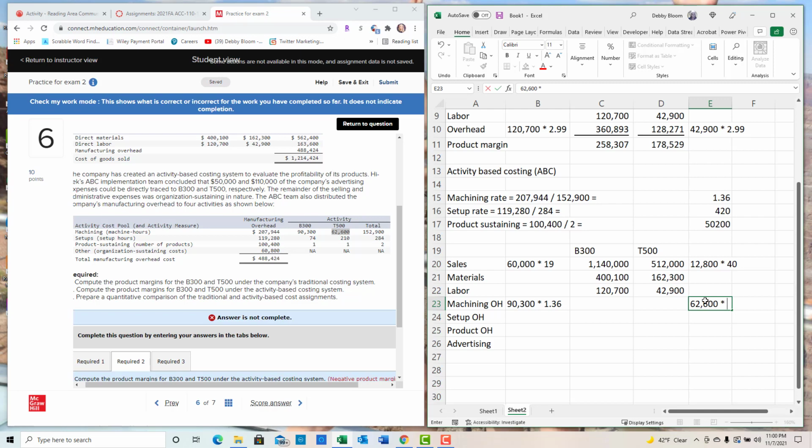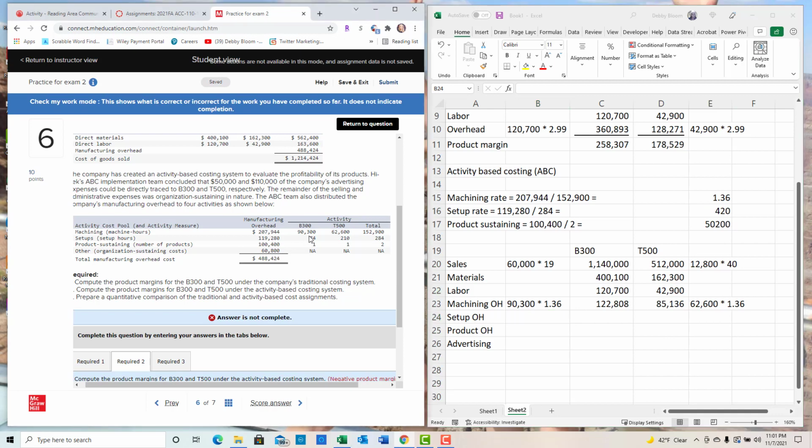And once again, our machining overhead rate is $1.36 per machine hour. So I'm going to take 90,300, multiply that by $1.36, and 62,600, multiply that by $1.36.